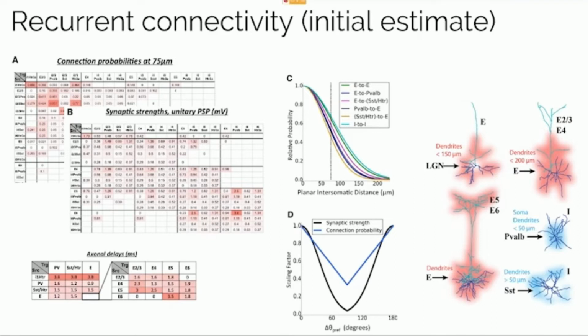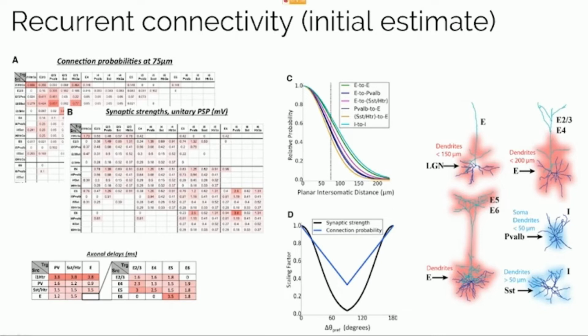Note that the left two panels report connection probability and strength values at 75 microns intersomatic distance. But they don't say what the connection probability is as a function of distance between any pair of cells. Therefore, the values from these tables were used as parameters for Gaussian distance-dependent connectivity rules for different source-target class pairs. And this is illustrated in the center top panel here.